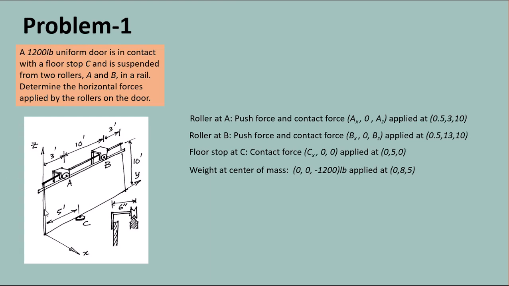So the y coordinate of the center of mass is 8 feet. The door is 10 feet high, so the z component of the center of mass is 5 feet high, and that's why we get here a 0.5. Now let's solve this problem by using the software.